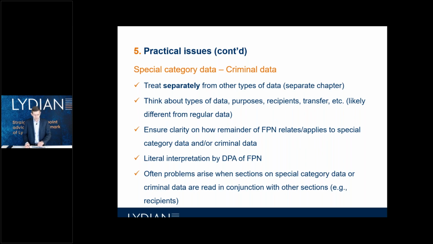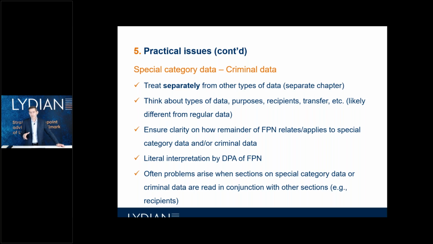Another issue that we frequently encounter is special category data and criminal data. As you know, there are specific rules that apply to special category data, such as health-related data, and to criminal data, so data about criminal convictions and criminal facts.